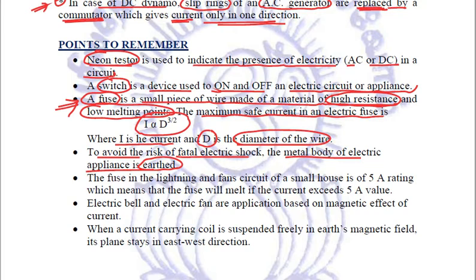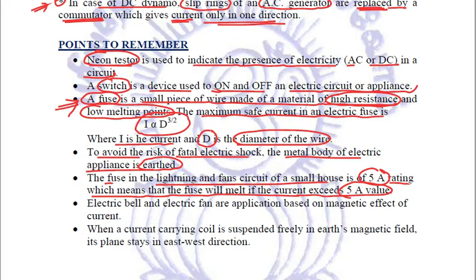Fine. Now further talking about fuse, the fuse is used in the lighting and fan circuit of a small house. The fuse which is used for these things is of 5 ampere rating, which means that the fuse will melt if the current exceeds 5 ampere. Right?